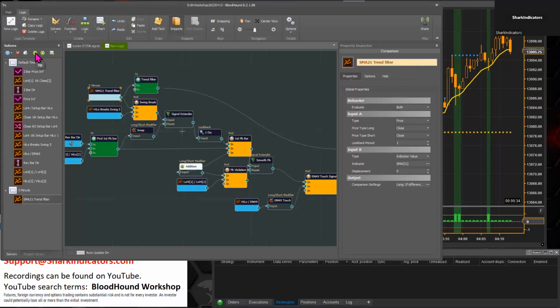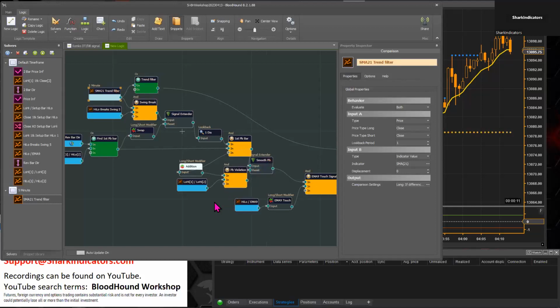Remember, you can use these up and down arrows to move a solver from the default time frame to the 5-minute time frame. So you could replace that there, and substitute a different solver there as well.